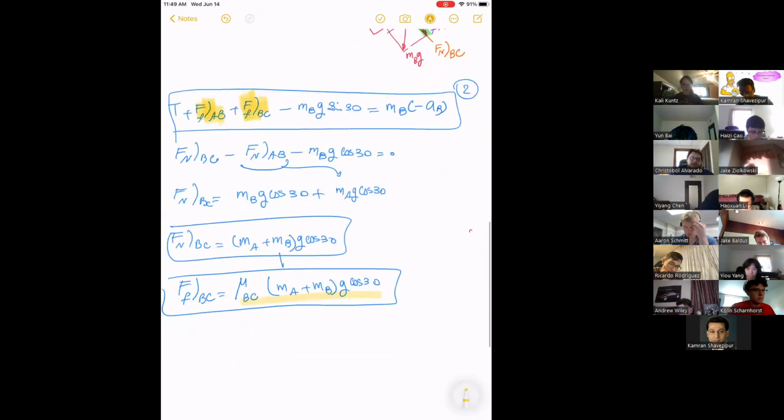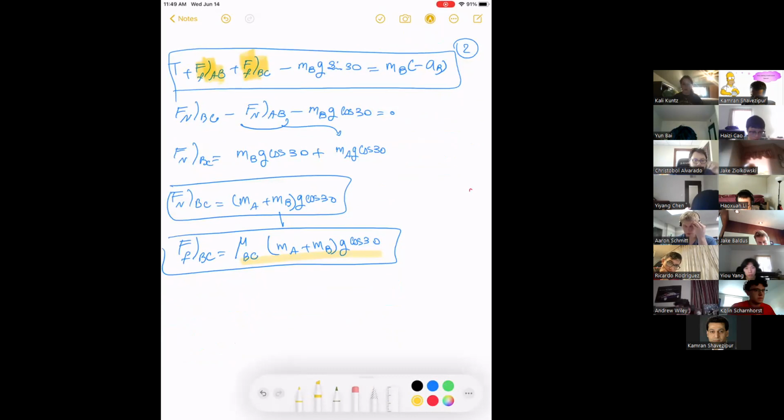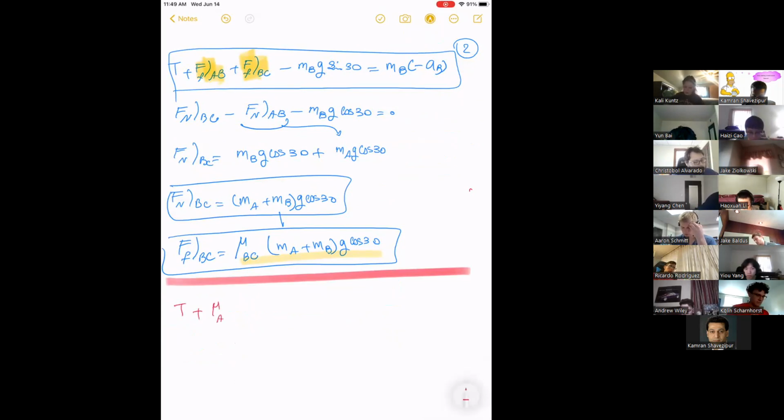So if you substitute that, equation 2 will become P plus mu AB MAG cosine 30 plus mu BC MA plus MB G cosine 30 minus MBG sine 30 equals to minus MB AB.